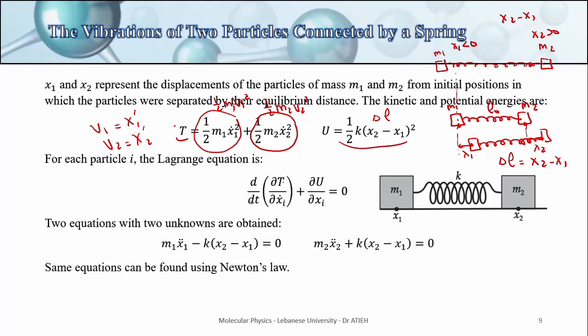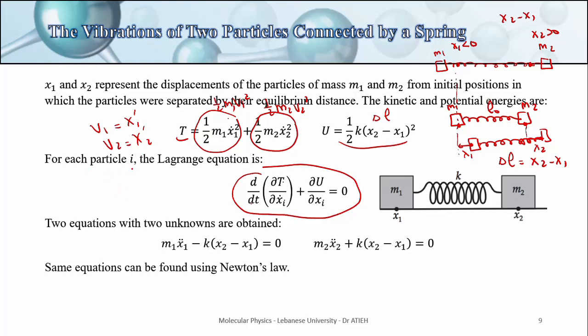Now you can see that our kinetic energy and potential energy depend on two coordinates, x1 and x2. So in order to find differential equations that govern these two coordinates, we are going to use the Lagrange equation. The Lagrange equation is given by d over dt del T over del xi prime plus del U over del xi equals 0.